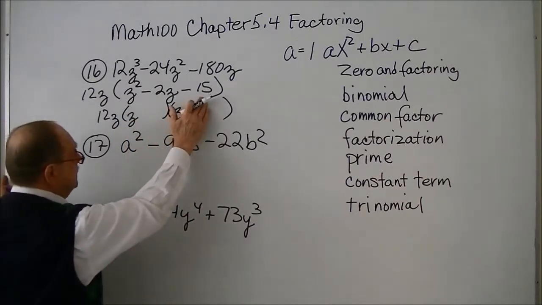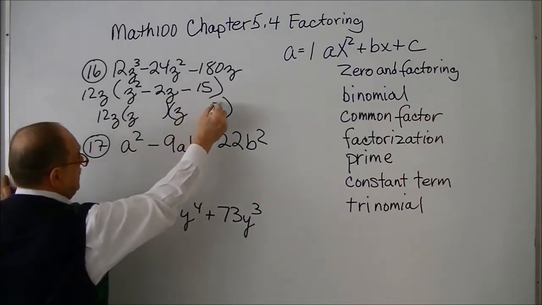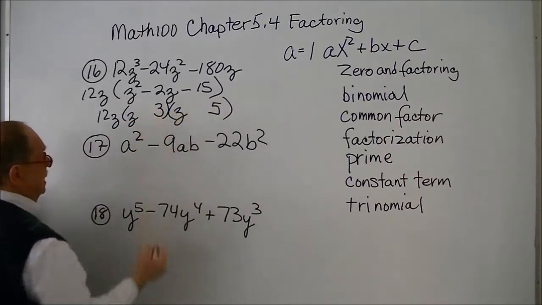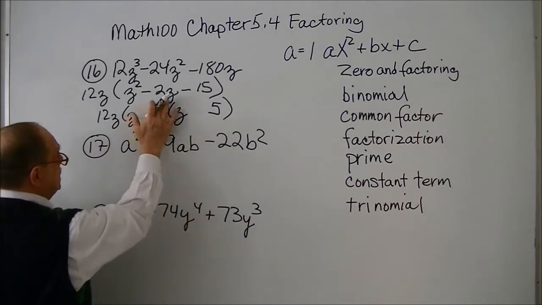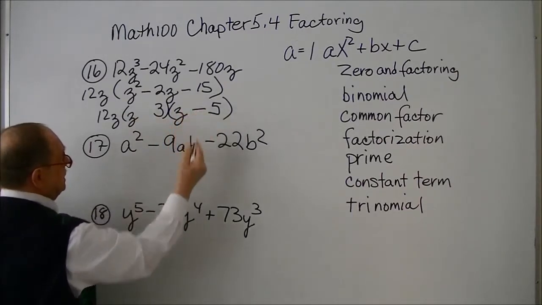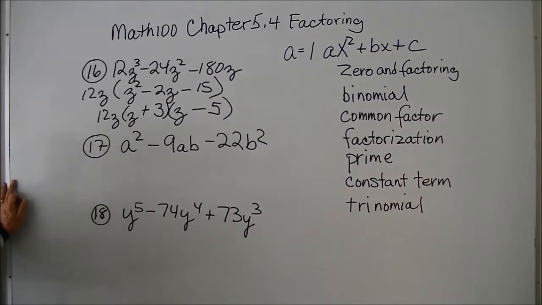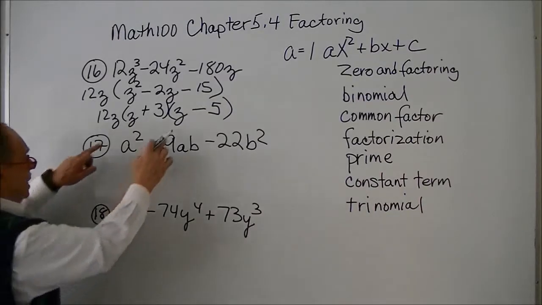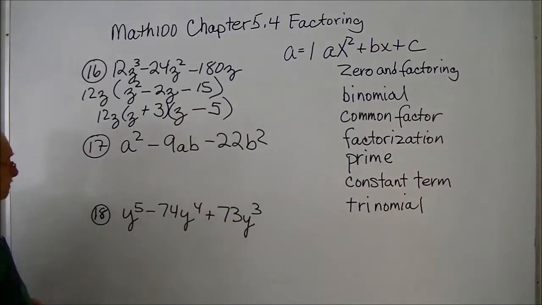Then factors of 15 that have a difference of 2. Well, a 5 and a 3. And you want your middle term to be negative, so the larger is negative, and this one is positive. And you check by FOIL, and it checks out.